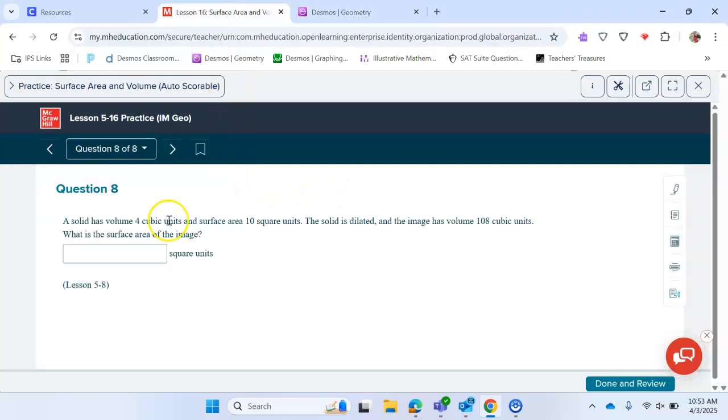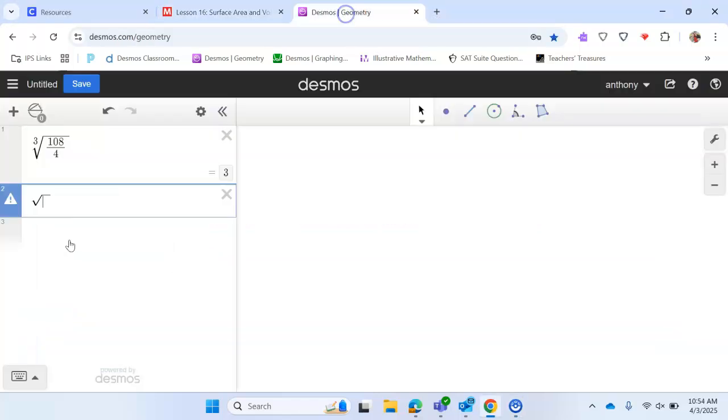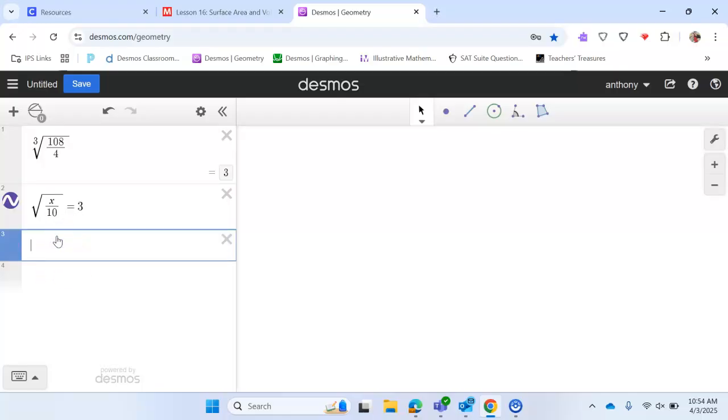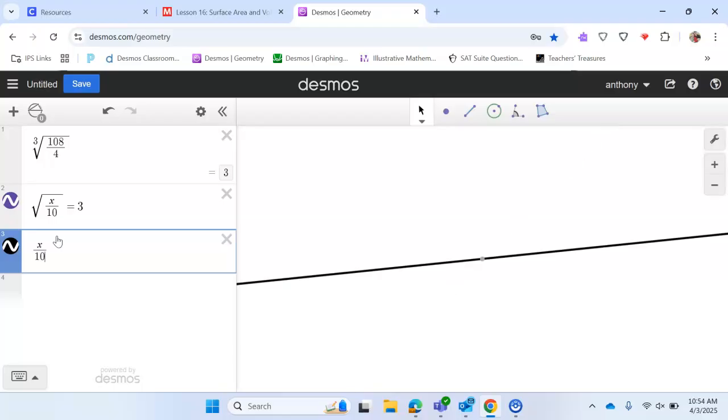Surface area is squared, so the square root of x divided by 10 would have to be equal to 3. We square both sides. x divided by 10 equals 9. That means it's 90.